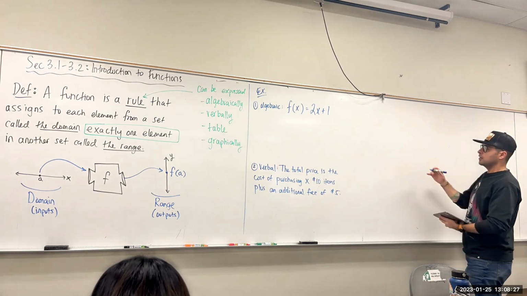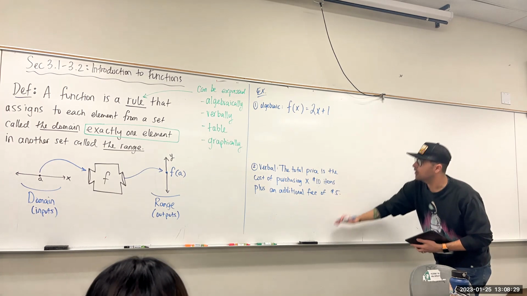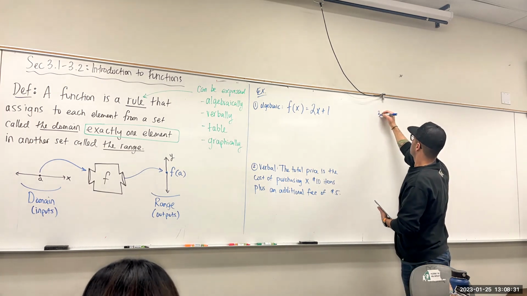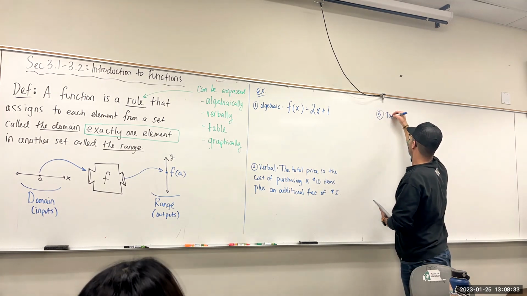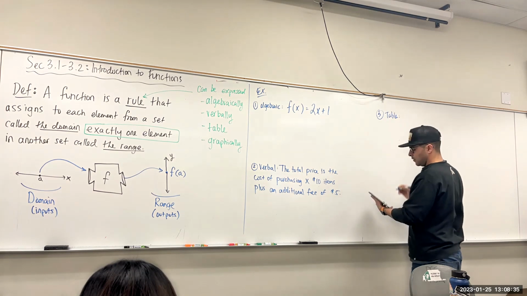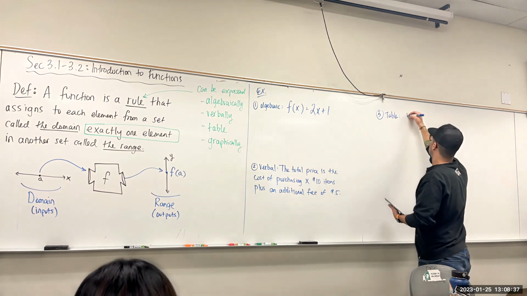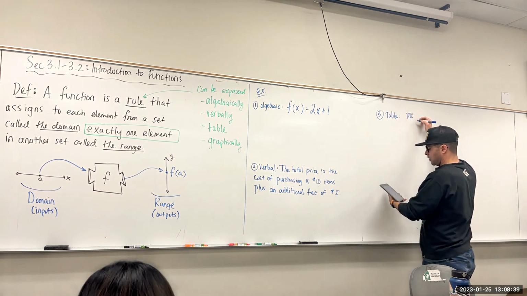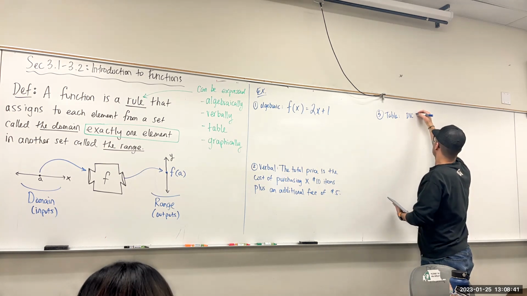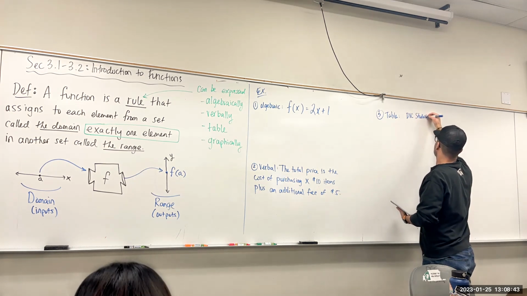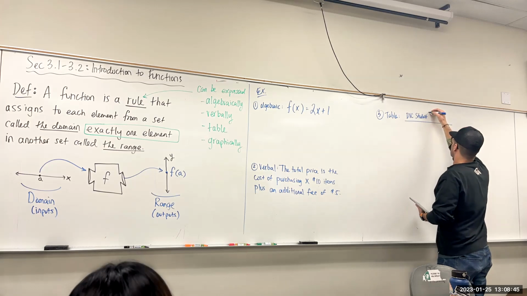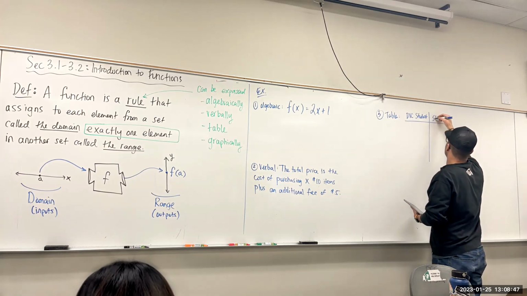All right, let's leave some room under here. Let's do number 3. Let's do one that's a table. This one I see a lot. Let's do a table with your DVC student and the student ID. Let's just make it up.